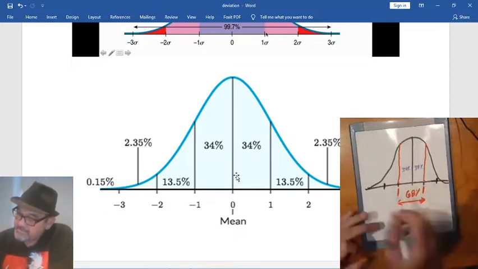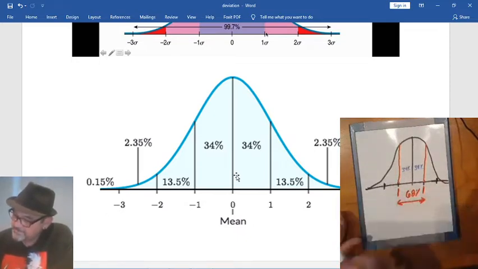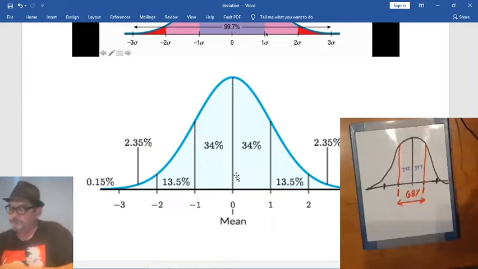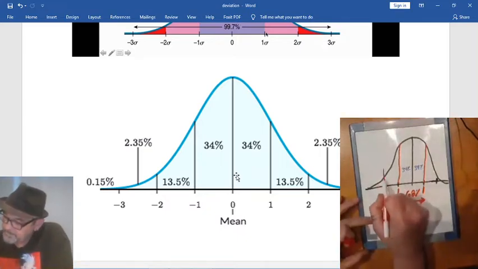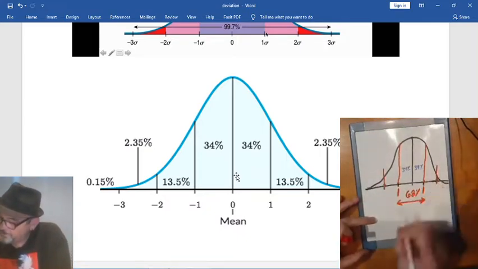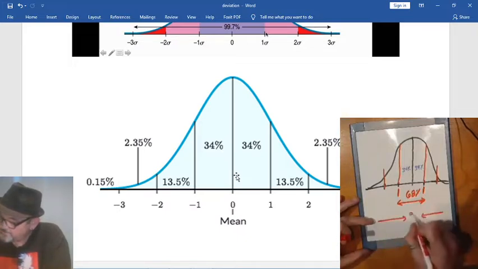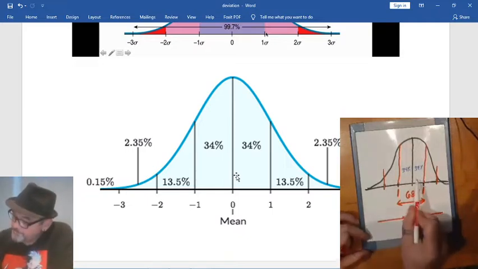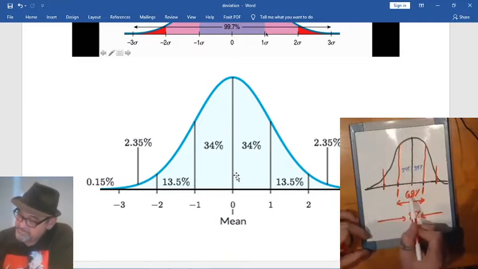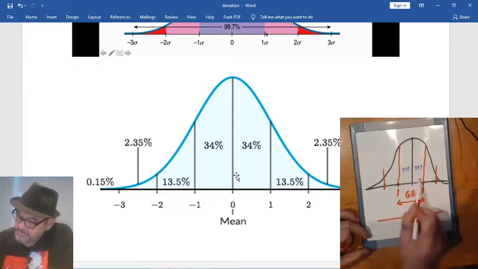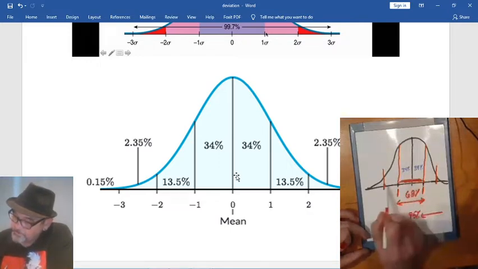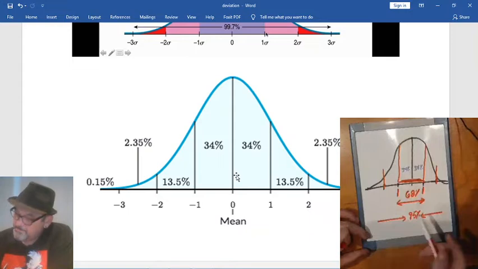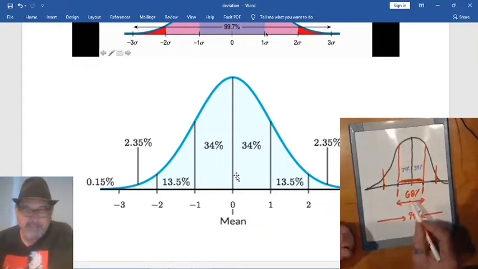So, and again, I could go to the second standard deviation and say, all right, well, here and here, I know that it's 95%, right? I'll draw this again. 95%, right? So if I've already accounted for 68% here and here, that's already been counted, what are these going to be? Well, 95 minus 68 is 27.